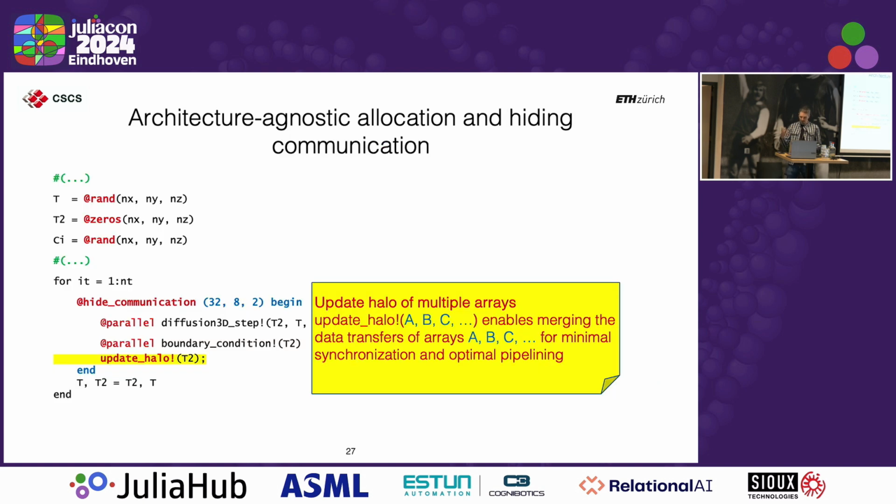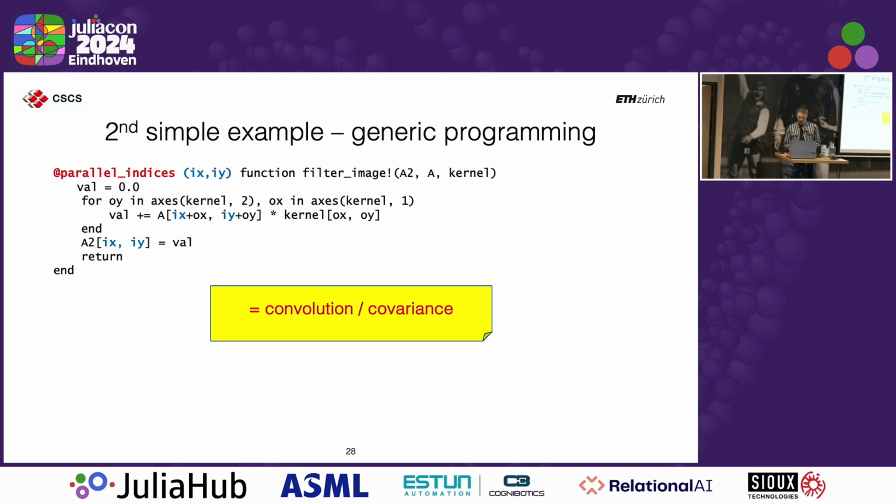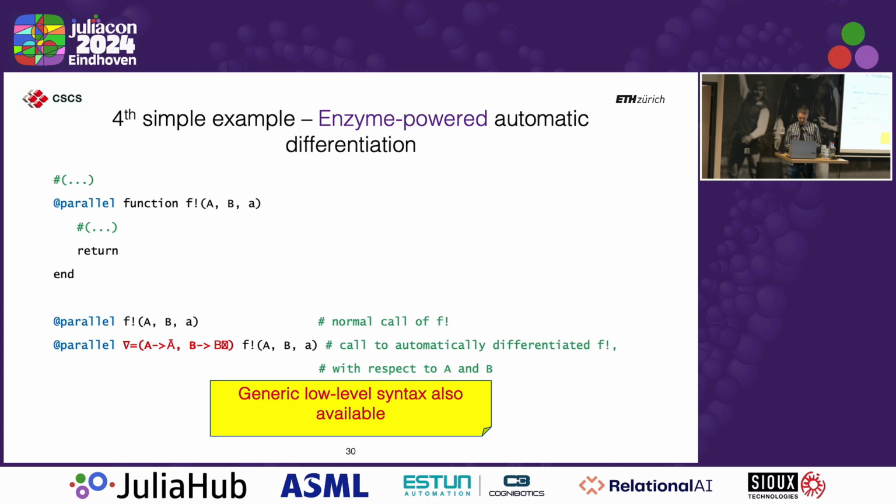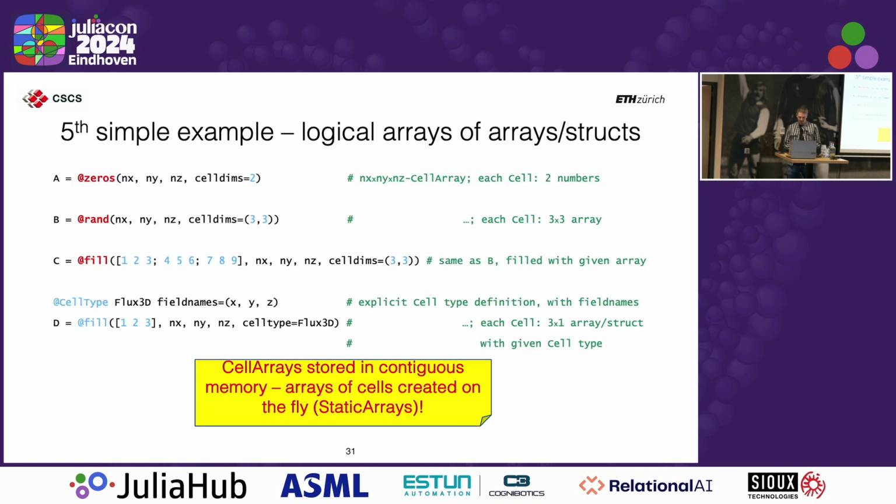Now when we have multiple arrays, we can also overlap these different arrays in the data transfers. And I will try to speed up now very much, so we can do many more things which we have talked about already in the past, like automatic differentiation, etc. We also have logic arrays of arrays, which I've only mentioned.